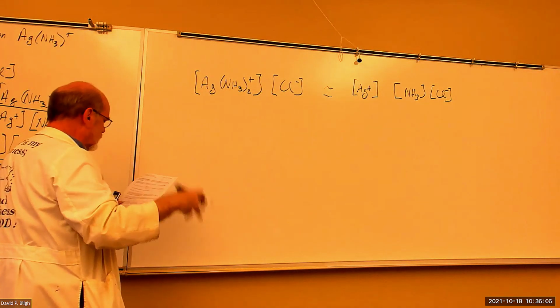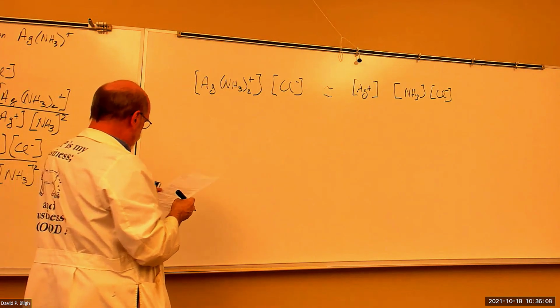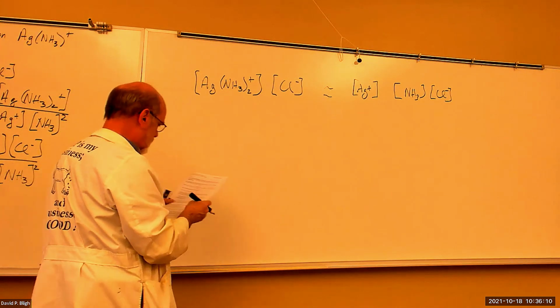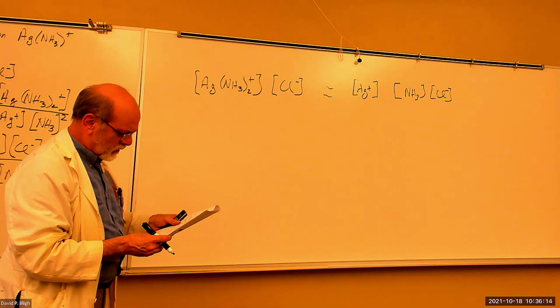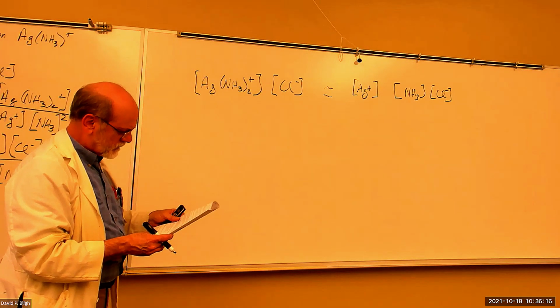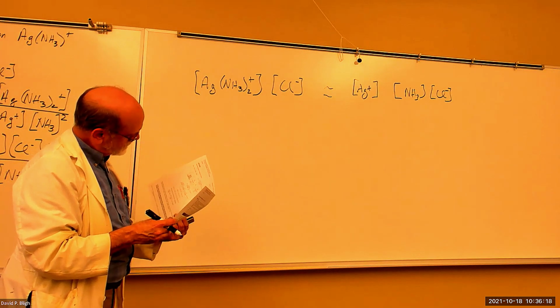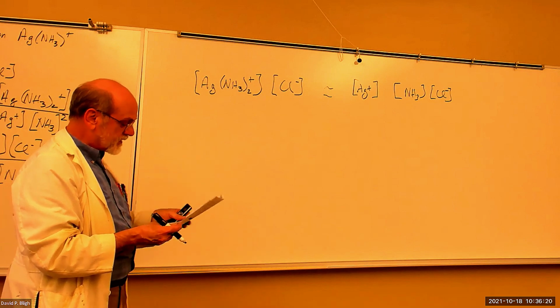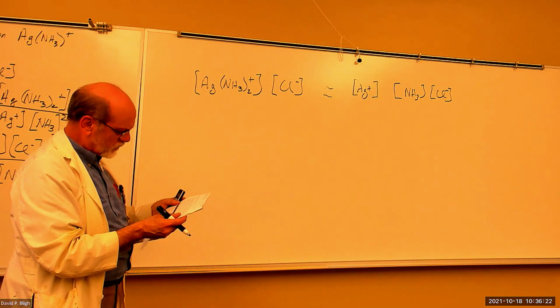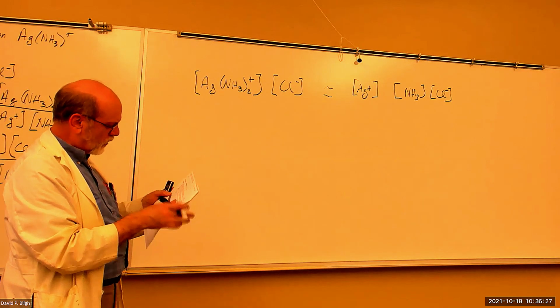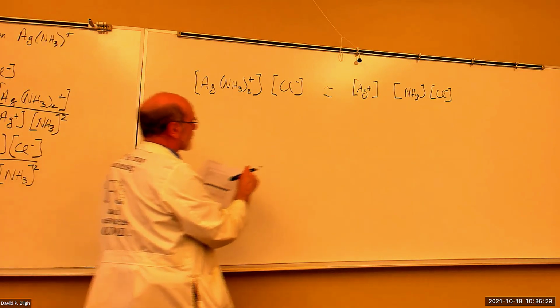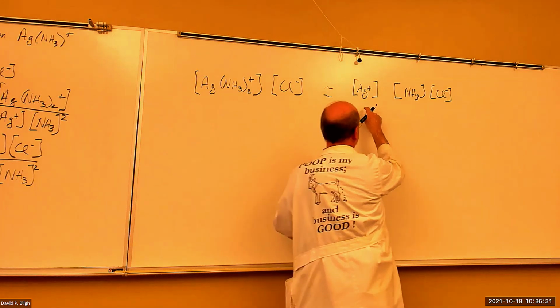So we need absolute amounts. If we have, let's see, 5 milliliters of 0.1 molar of silver nitrate. I'm checking to see if this is actually what we're going to do. Yeah, 5 milliliters of 0.1 molar silver nitrate. So that gives us this one.